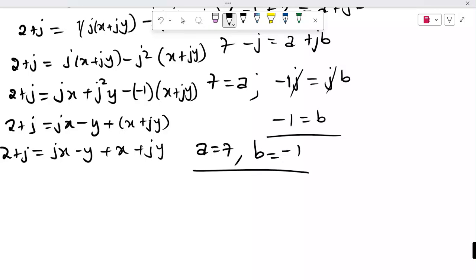Now let's put real terms together and imaginary terms together.